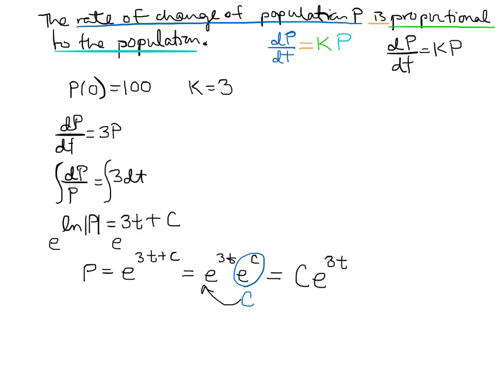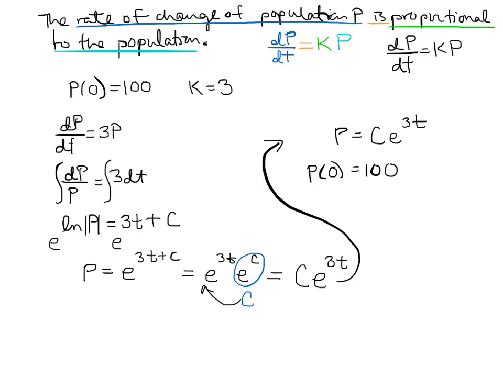All right, so now I have P equal to c e to the 3t, and now I want to apply that P of 0 is equal to 100. And what this is telling me right here is that at time equals 0, so when we start the study of this population, we start with 100 people or things or whatever we're looking at.